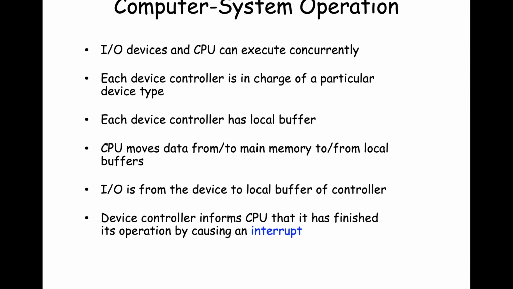So now that data is ready to be displayed. How does it let the CPU know if the CPU is operating concurrently? It has to tell it. And that notification is called an interrupt. It's called an interrupt because it literally interrupts the CPU and says, wait a minute, taps it on the shoulder, so to speak, and says, I know you're working on something right now, but I have some data available.